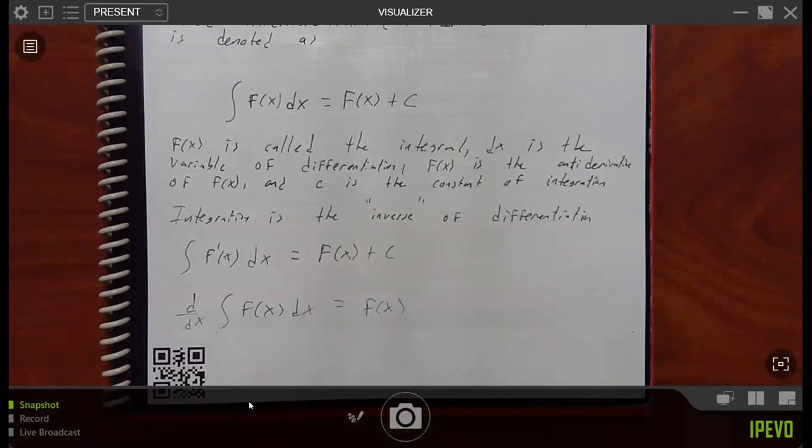Let me write down the basic rules that you're going to need for this section here.